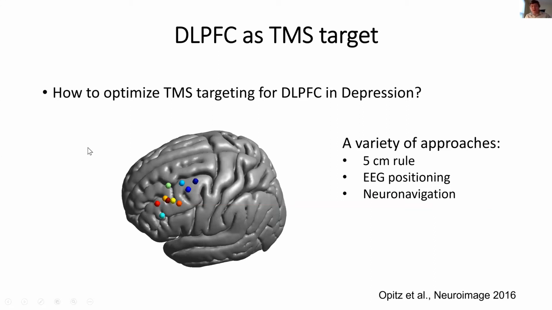These have all been target regions in depression studies of TMS, and you see there's quite a bit of spread in those targets. And to me, it's not surprising that there are some different outcomes of those studies, just given the big variability in those targets.